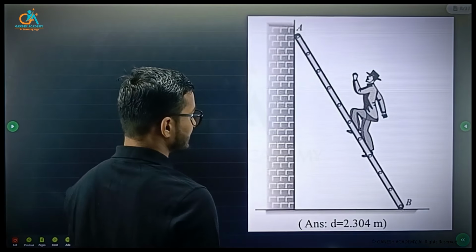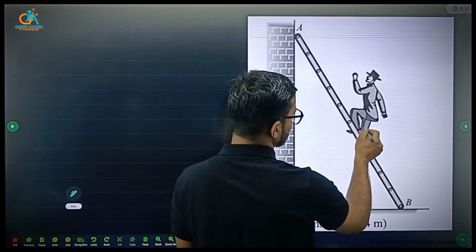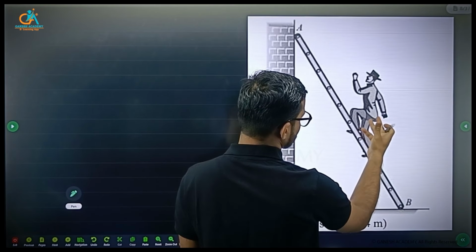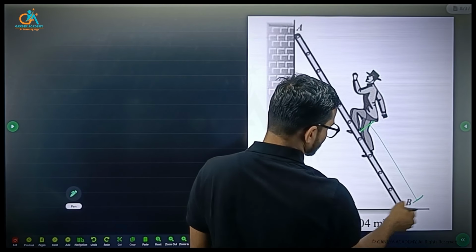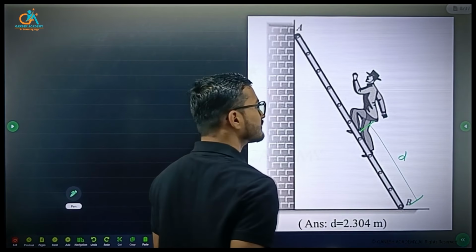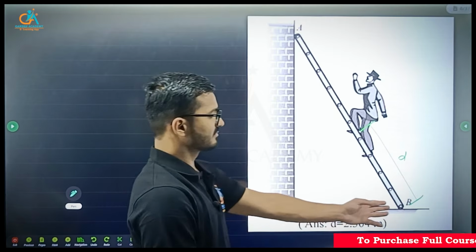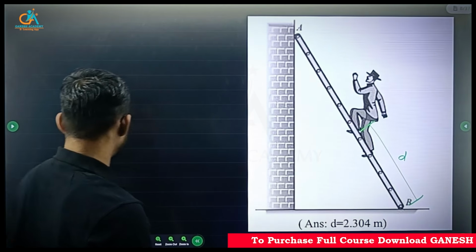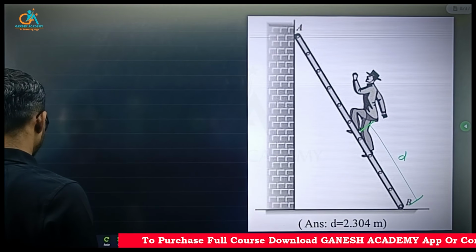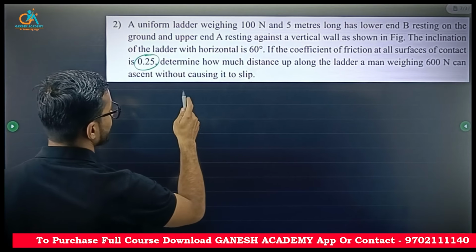So they are asking us to calculate the distance D, right, from let's say the B end. Okay, so what is given?